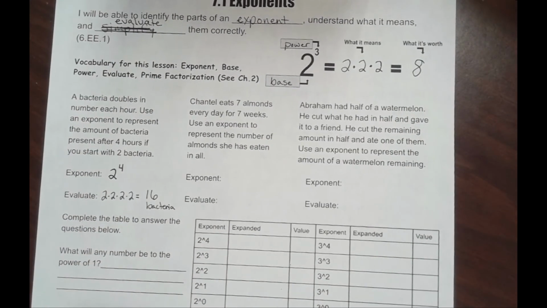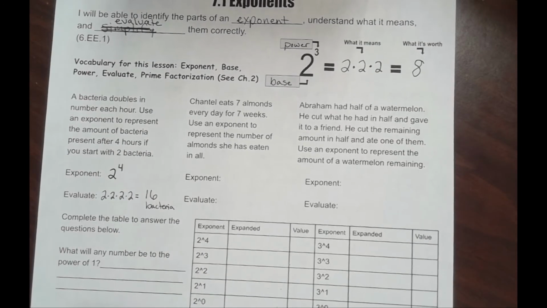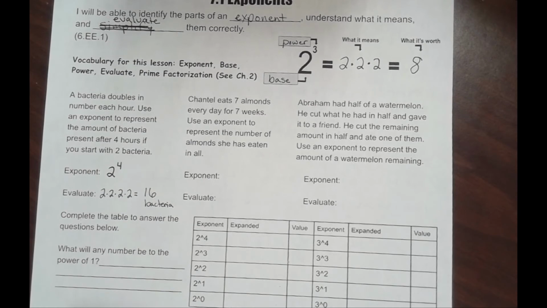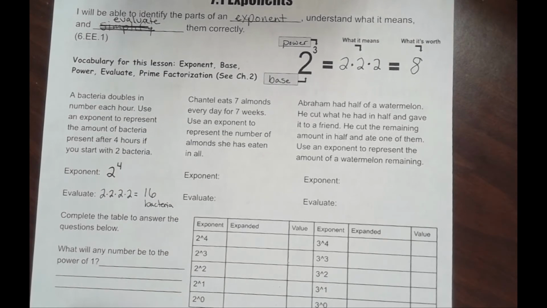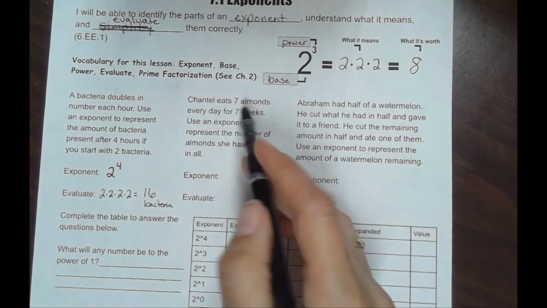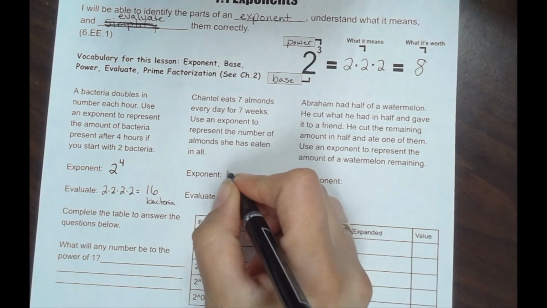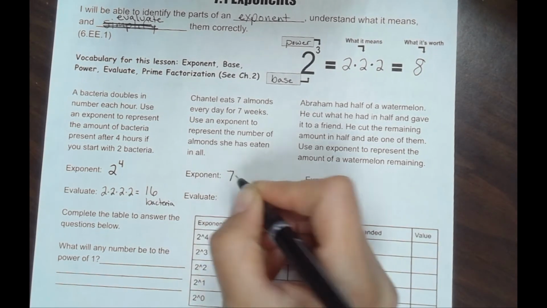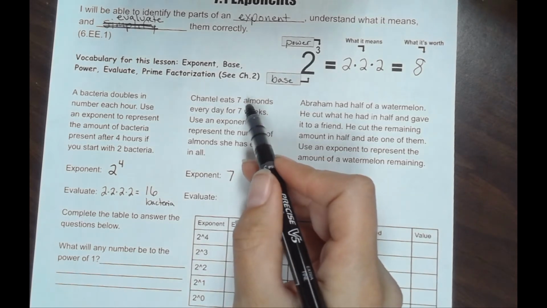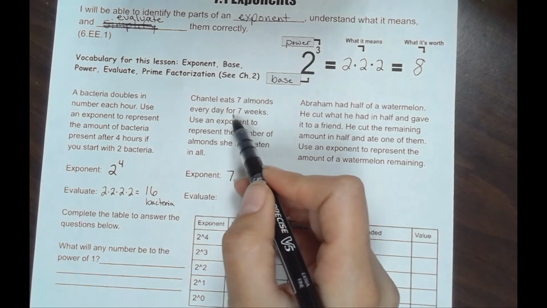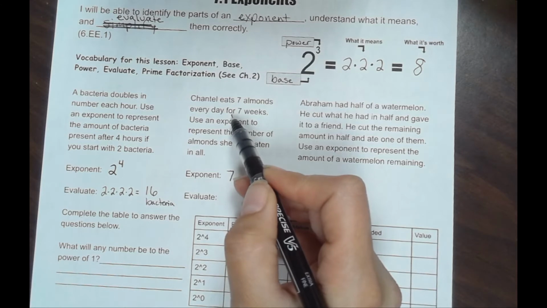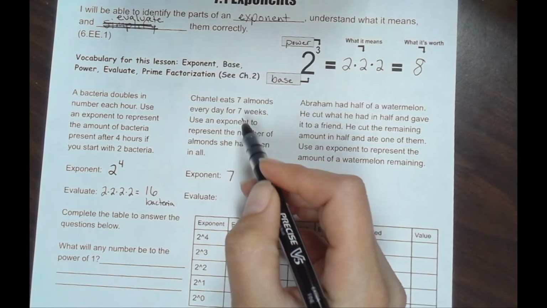Next, Chantel eats 7 almonds every day for 7 weeks. Use an exponent to represent the number of almonds she has eaten in all. So, 7 almonds every day that we're going to have to times by every day for every week, so that would be 7 days in 1 week.